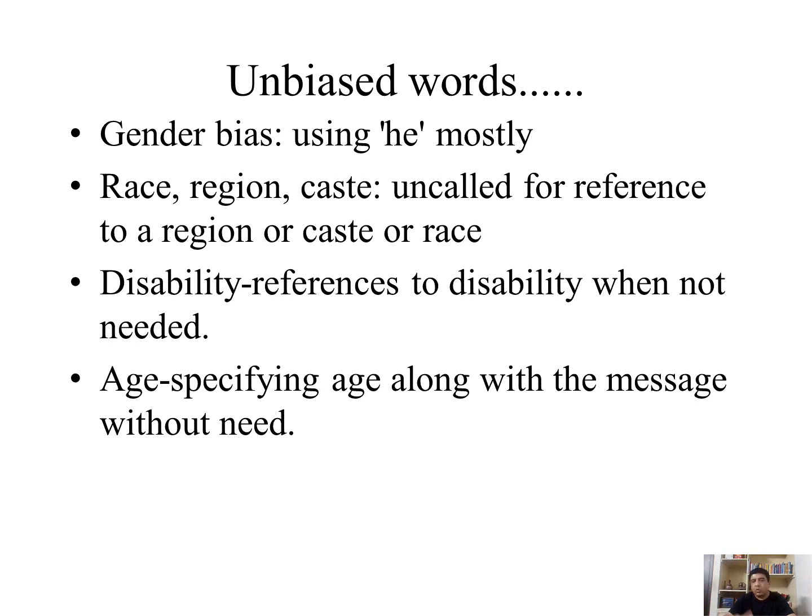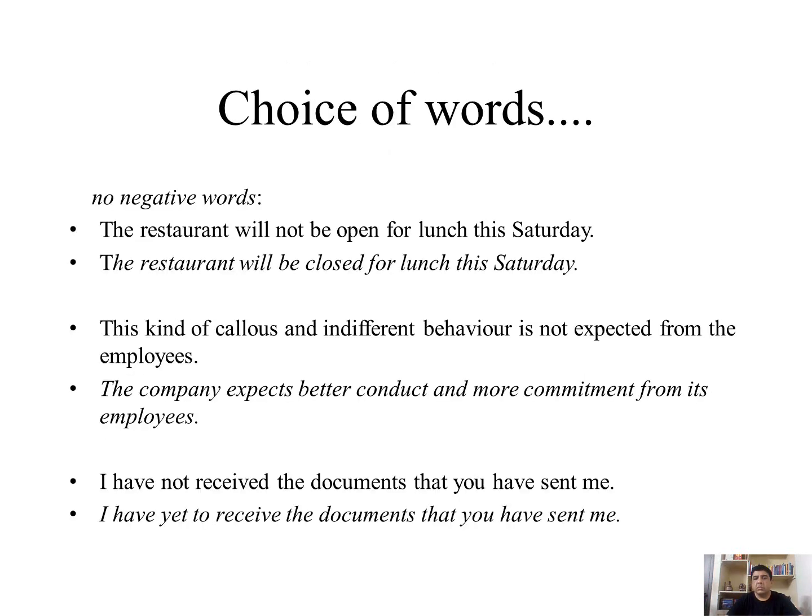Or saying that this old employee is not efficient enough is also not correct because you are referring to their age, and it seems to imply that this fellow is not working properly or is inefficient because he is old, which again points to the idea that probably every old person would be inefficient, which may not be the case.